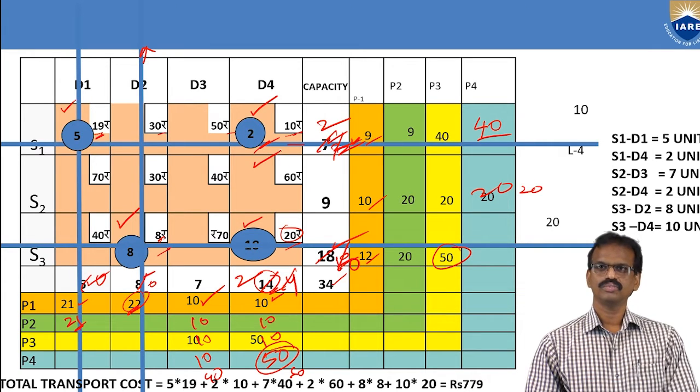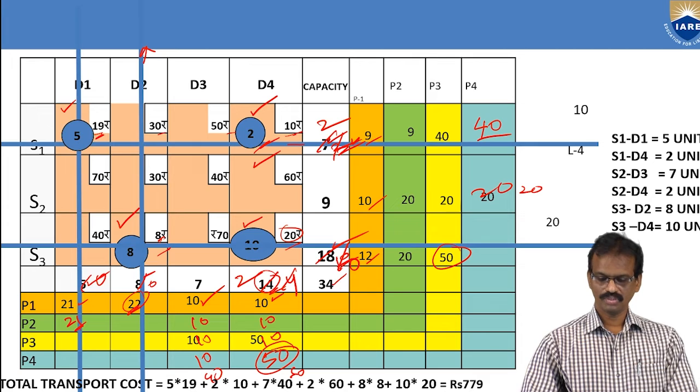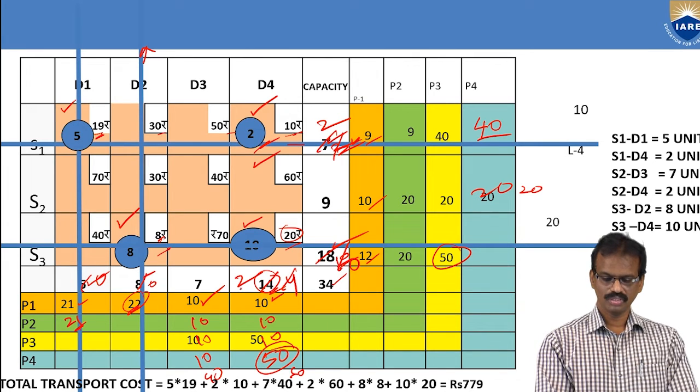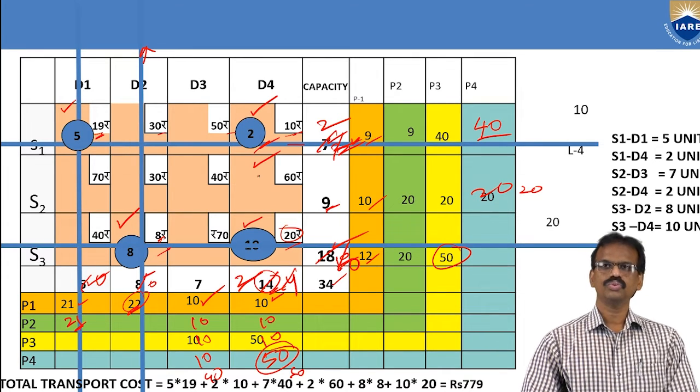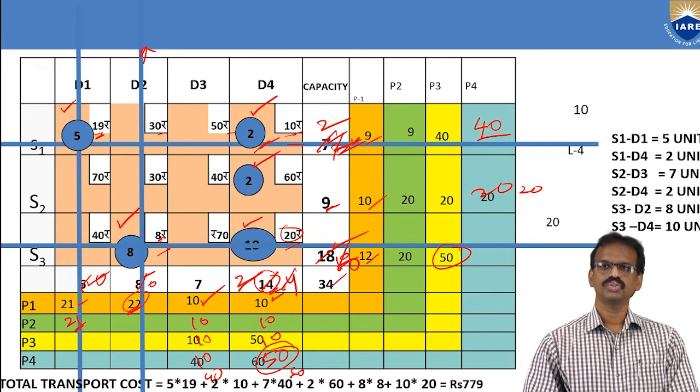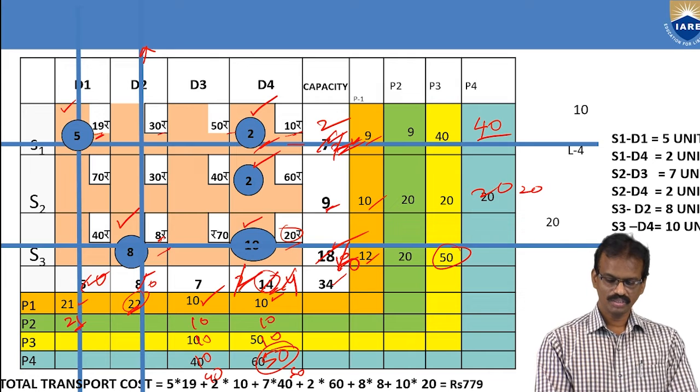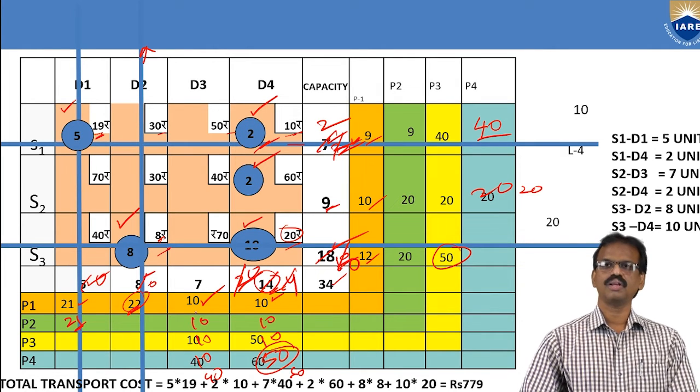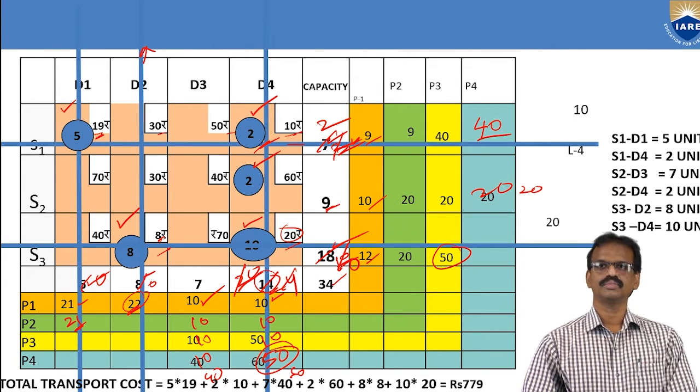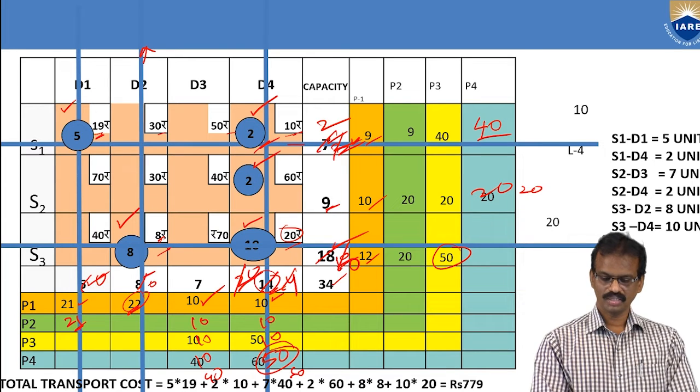Okay. So for this cell, what are the remaining values here? 2, here 9. So 2 should be allocated here. Okay. If you allocate 2 here, this 2 will be cancelled. The total column will be cancelled. If you allocate 2 here, the remaining value is equal to 9 minus 2, that is the 7.